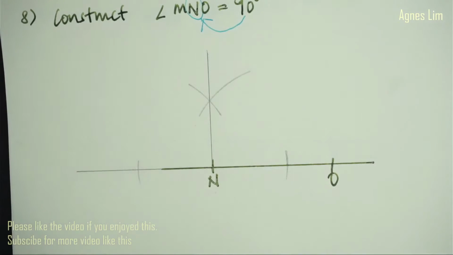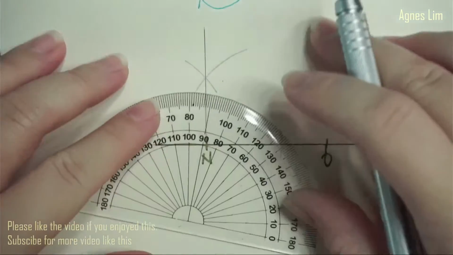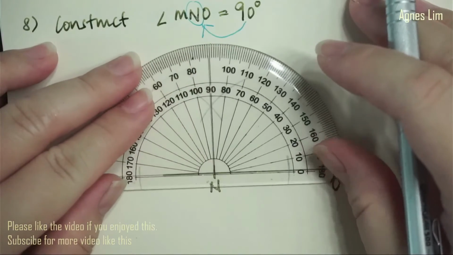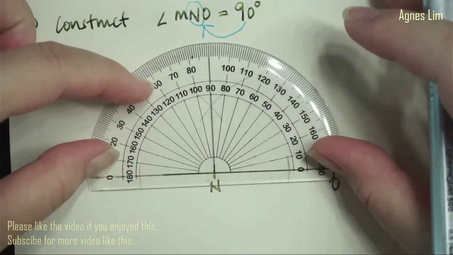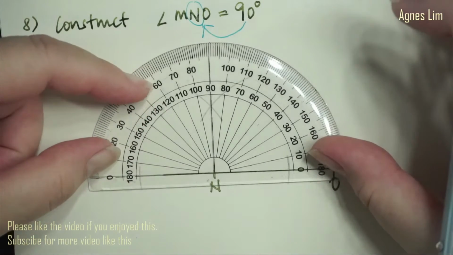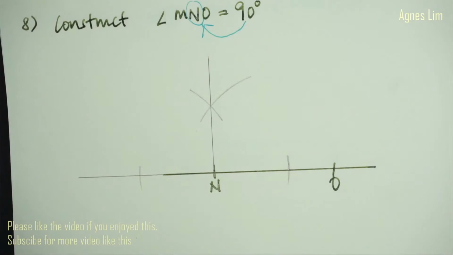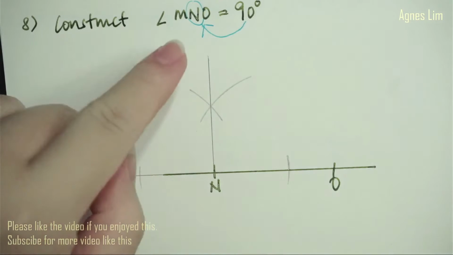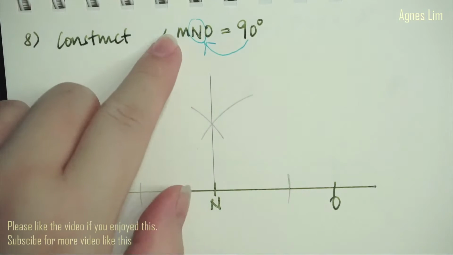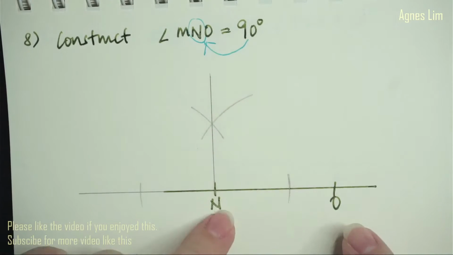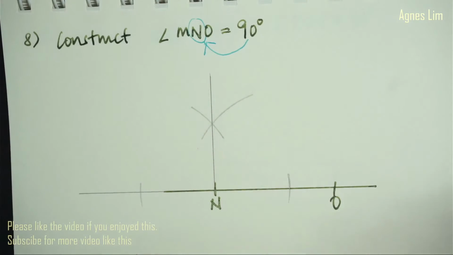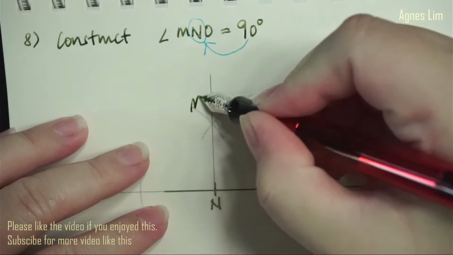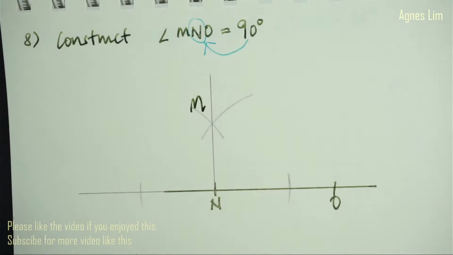As usual, make it a good habit: take your protractor and place it here to check whether you have correctly constructed 90 degrees. Okay, so we have done so. According to the question, it is angle MNO. We already have NO here, so this will be M. You need to label M.